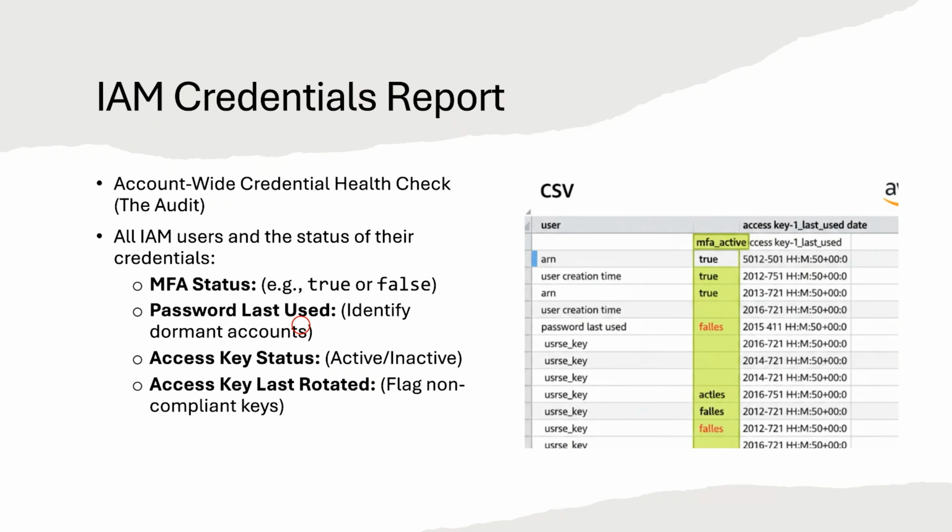Is one even set? This kind of information is also available in the CSV file. And access key related status. Do they have access keys, when were they created, when were they last used, and when were they last rotated? This kind of information is available in the CSV file.